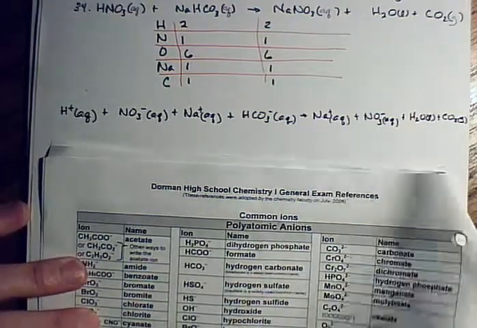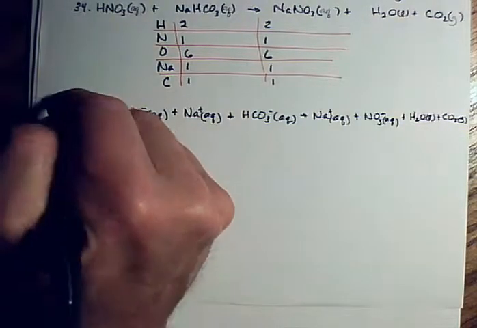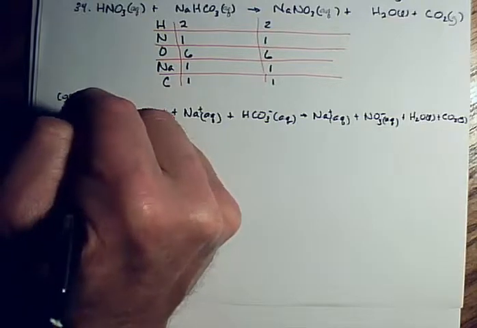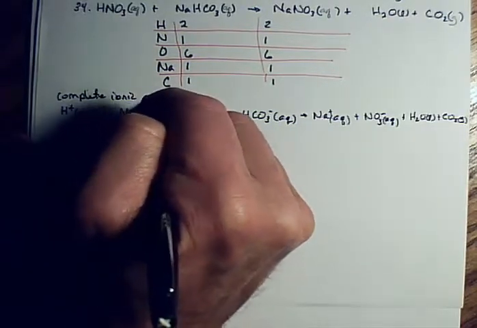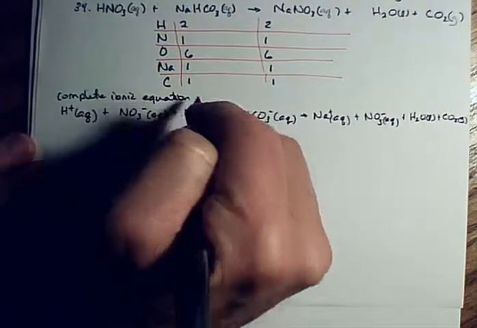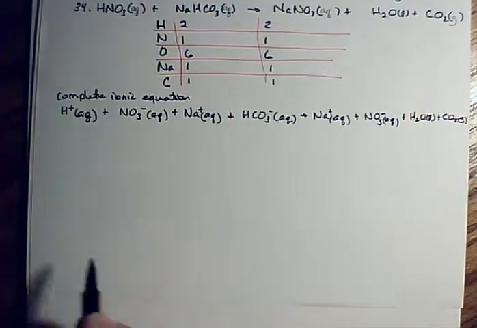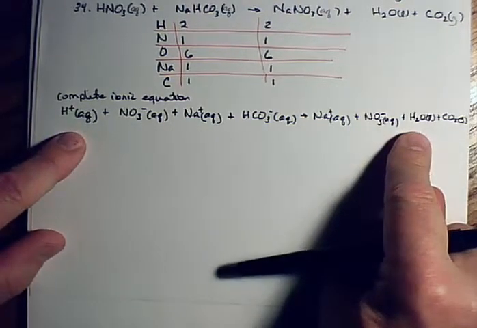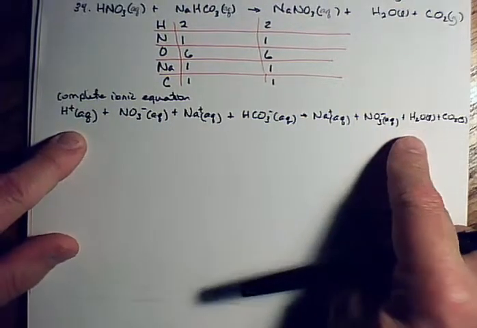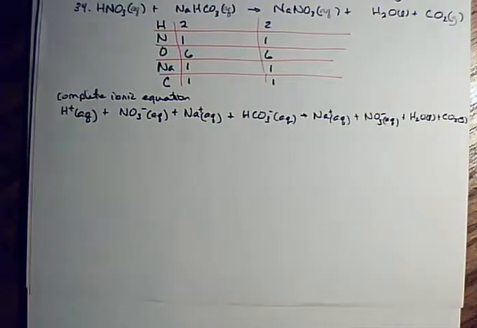Okay? So that's a complete ionic equation. If you were to run this reaction, this is what would actually exist in the water. Well, except for the CO2, which will be bubbling out.